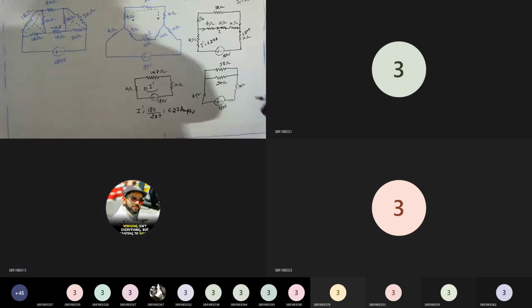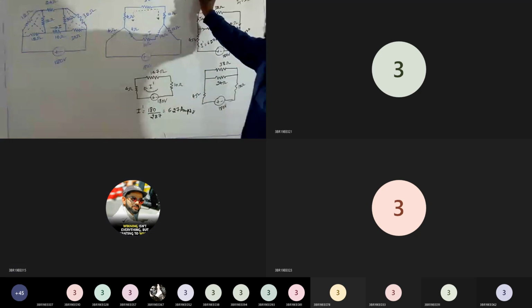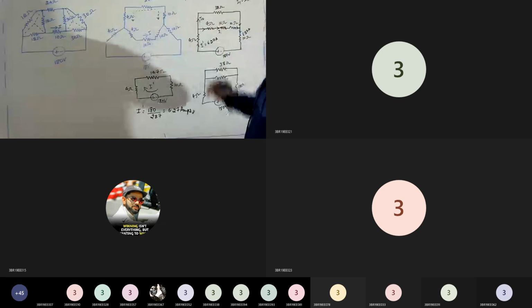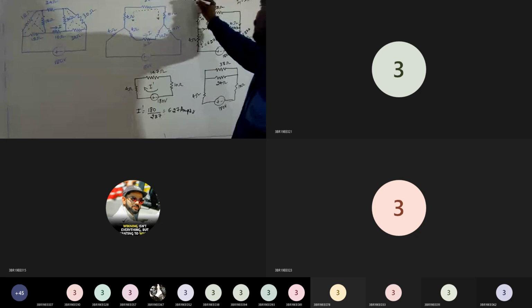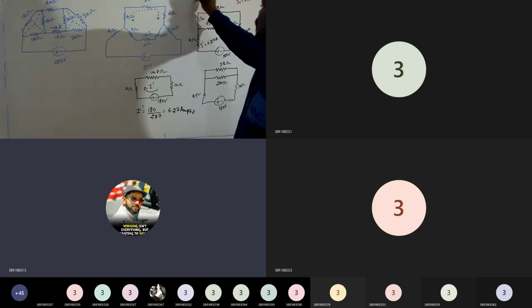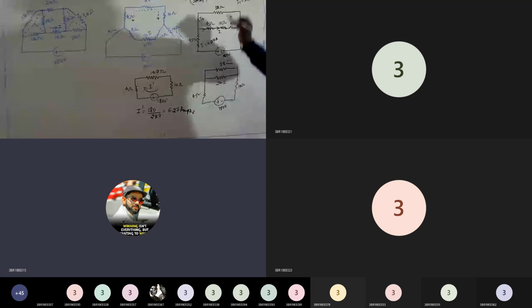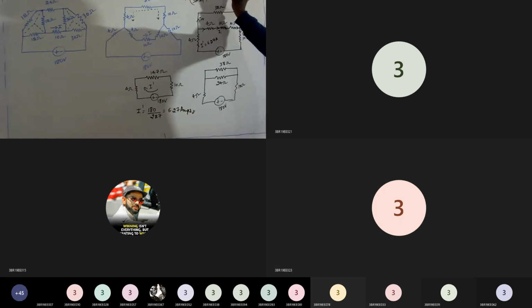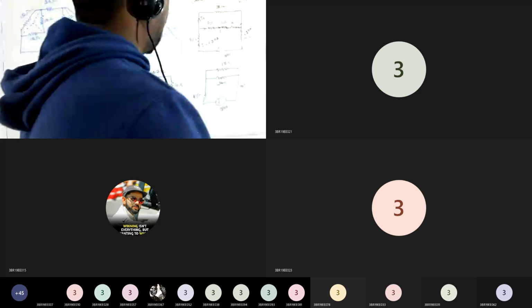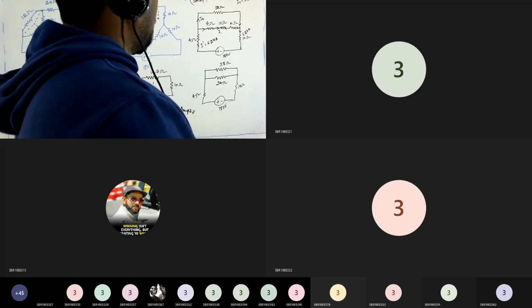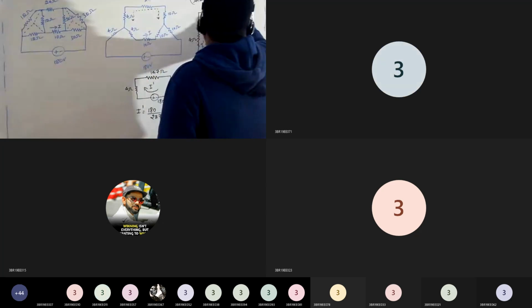In order to know the current through this branch, the opposite resistance is 38 ohms upon the total resistance, 38 plus 24, multiplied by the total current, that is 6.27 amps. Calculate. This is 3.84 amps.